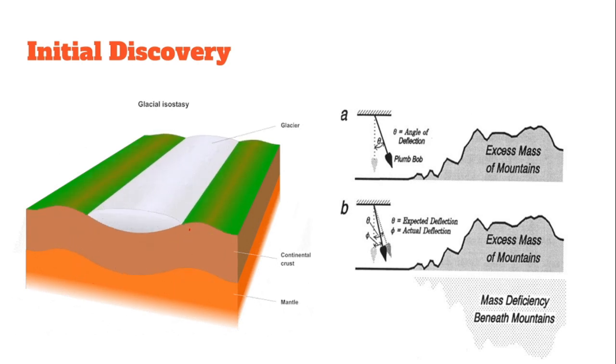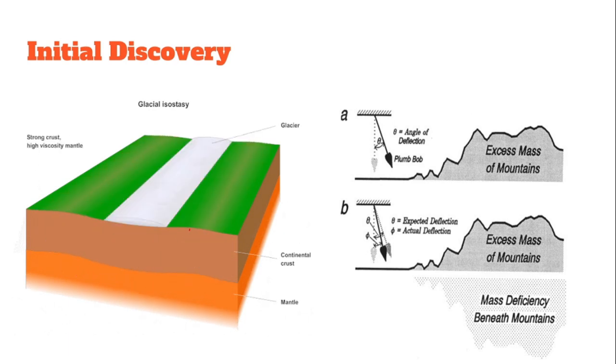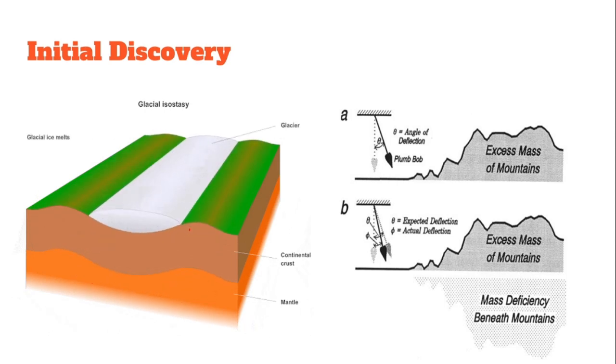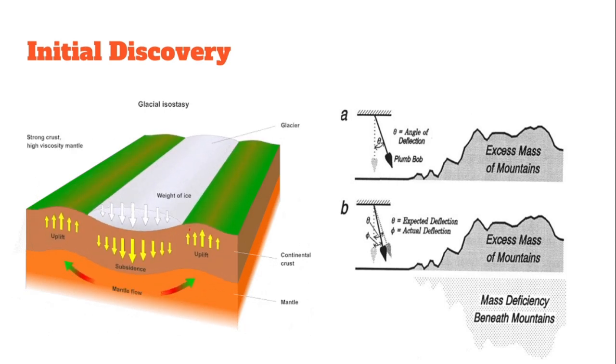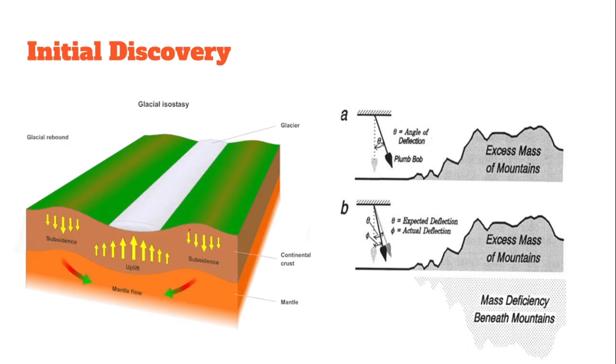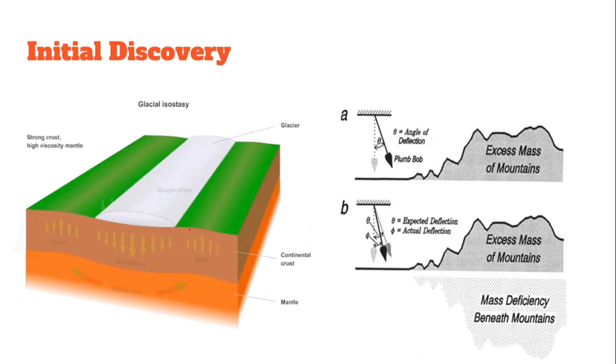But as soon as this glaciation period gets over, when the ice gets melted or evaporated, the land tends to rebound and come to its original position. This is called geostatic or isostatic rebound. So this was an interesting fact that made scientists curious about how this is happening.